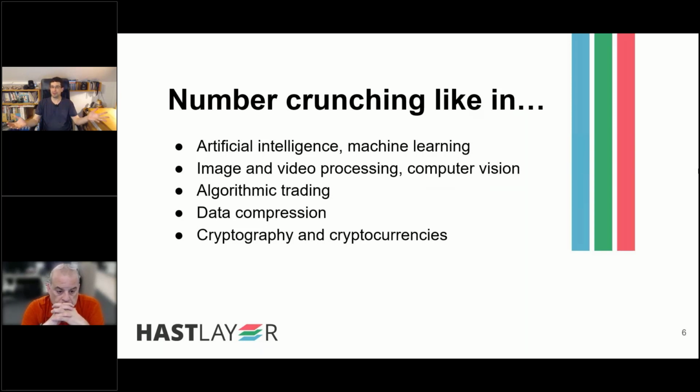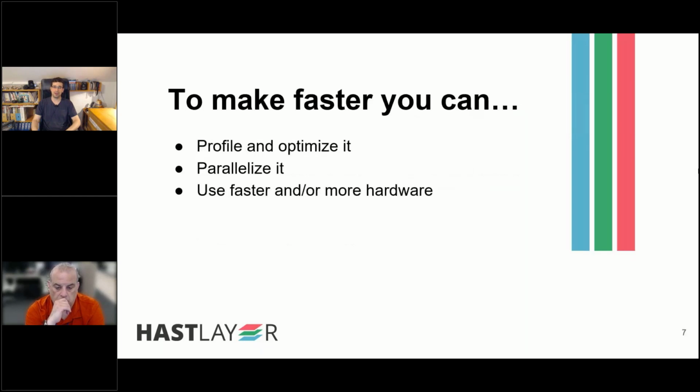Or perhaps computer vision. Maybe you are doing algorithmic trading on the stock market, quite an interesting space as well, with nanoseconds to spare. Or perhaps data compression, or something in the cryptography or even cryptocurrency space.